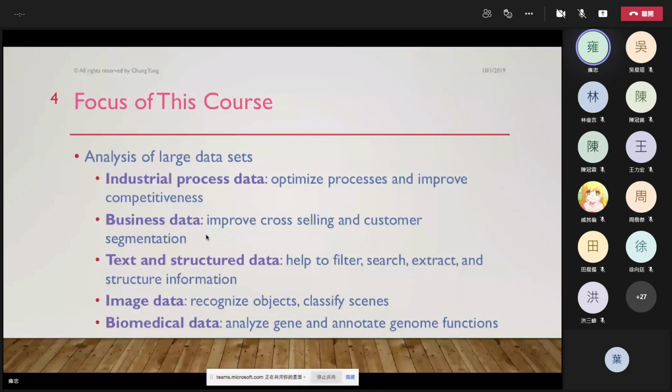And for different purposes, in different areas, the analysis of large data sets serves different purposes. For example, for industrial process data, the focus would be on optimizing process and improving competitiveness.